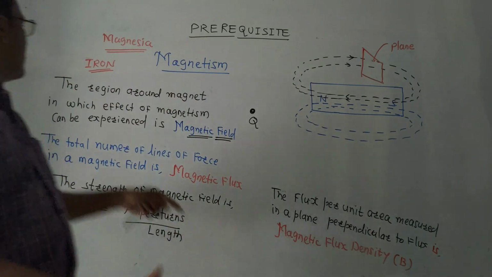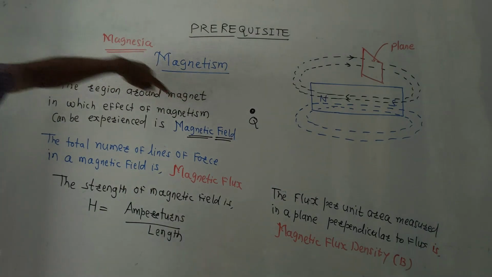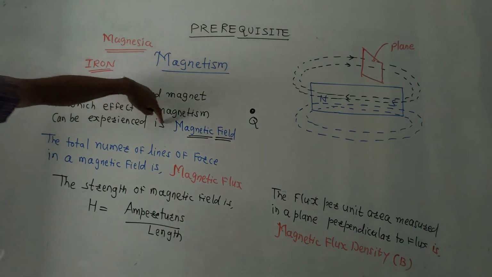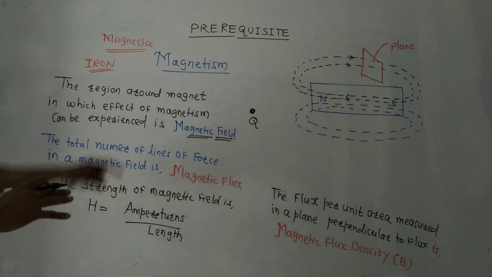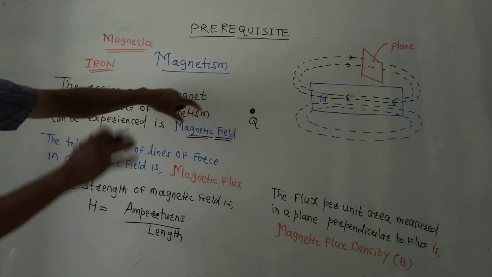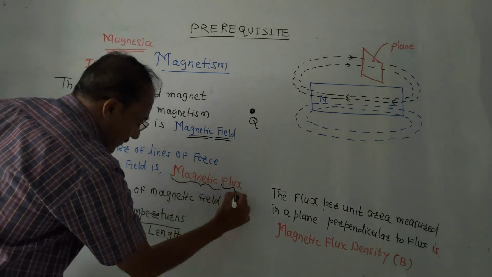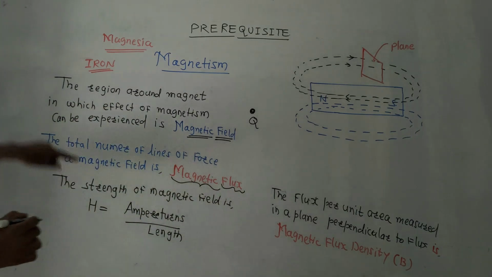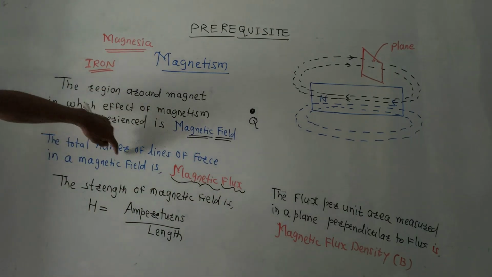Now how to define it? The region around the magnet in which the effect of magnetism can be experienced is called the magnetic field. Very simple. Now, related to this magnetic field, one more term you need to remember, that is the magnetic flux. How to define it? It is the total number of lines of force in a magnetic field.